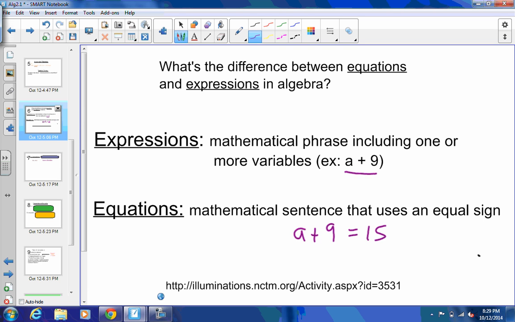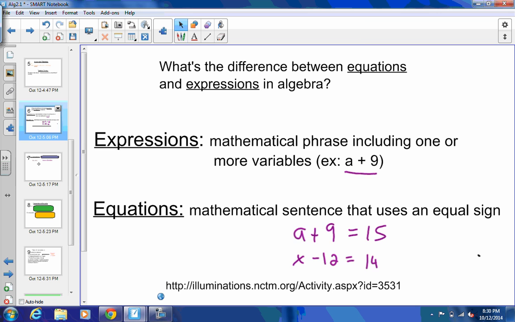All right, that's an equation. You could say x minus 12 equals 14. There you go, that's an equation. Anything with an equal sign with expressions on each side would be an equation. So we're going to be working primarily with equations in this unit.